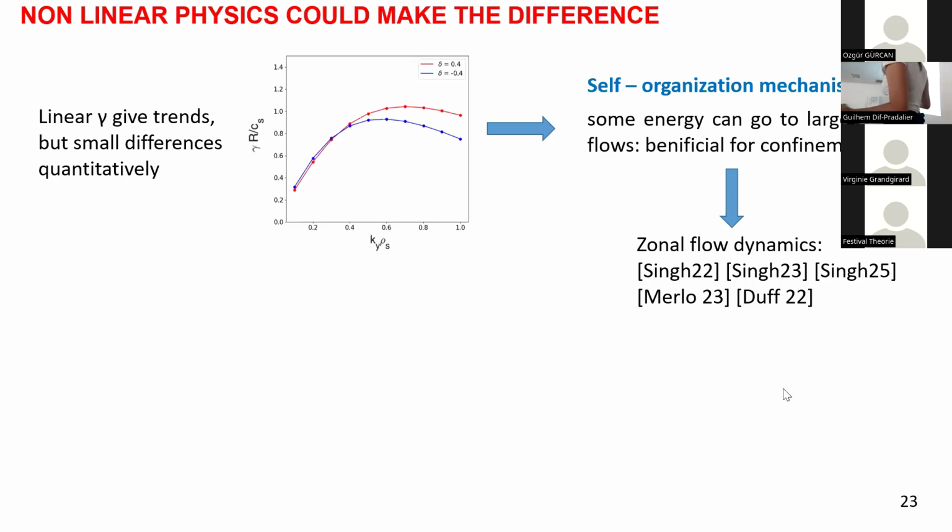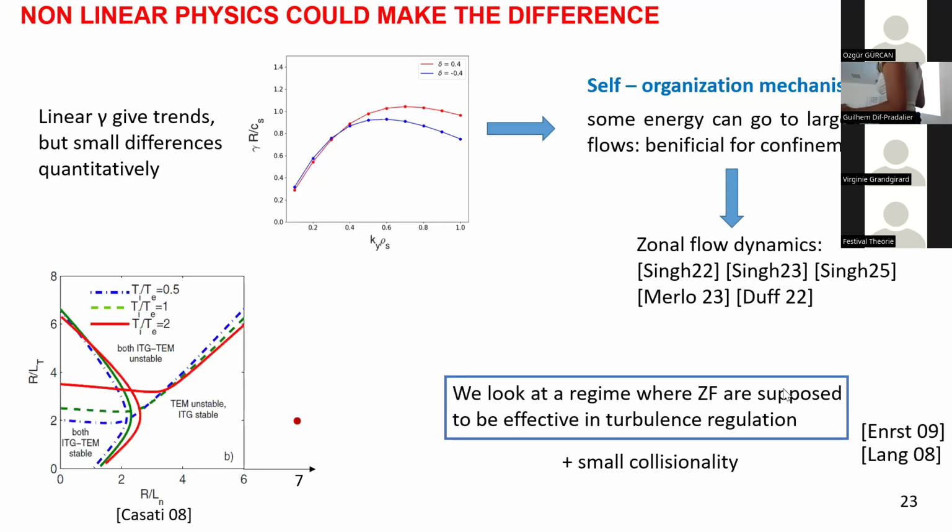An obvious candidate for these are zonal flows, which have been already studied in negative and positive triangularity. But zonal flows have the characteristic of not being that effective for turbulence regulation in TEM computations. But some studies show that we can find a region of the parameter space where zonal flows are supposed to be effective for turbulence regulation.